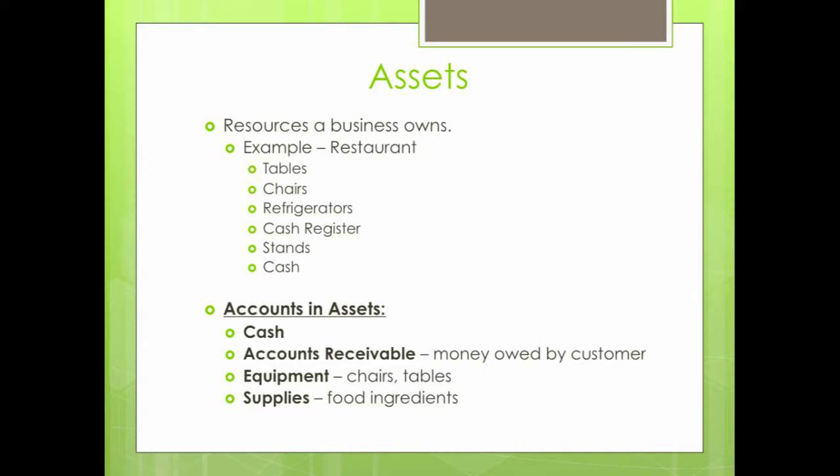And the last account that I will be introducing you is the supplies account. This is where all transactions are recorded when supplies purchases are made. So for example, for our restaurant example, this can include food ingredients or containers, cups, napkins, pencils, paper, etc.